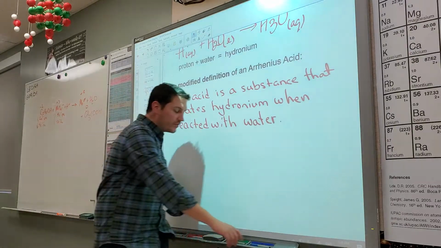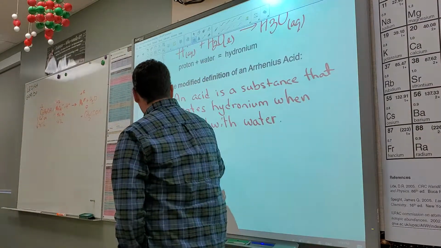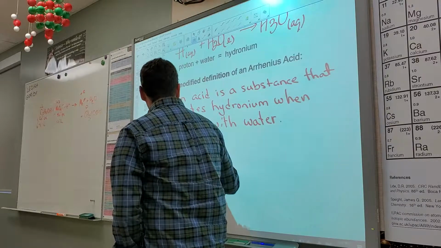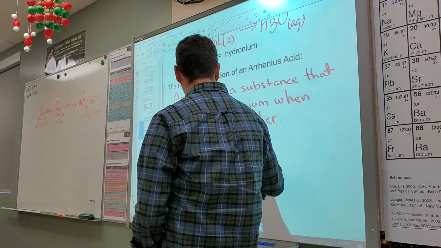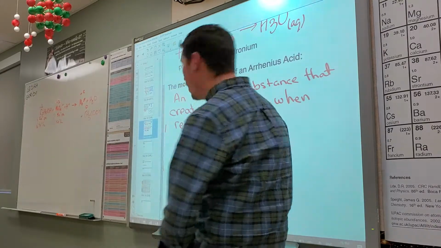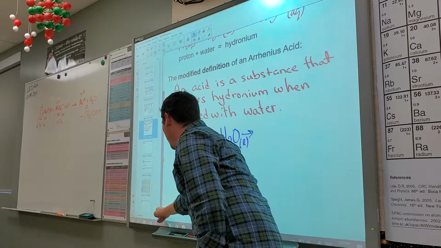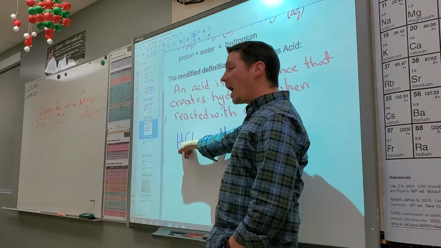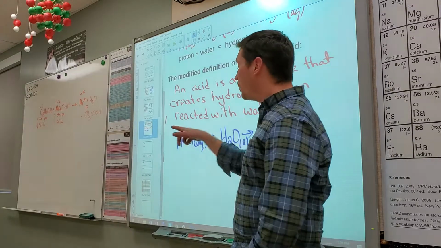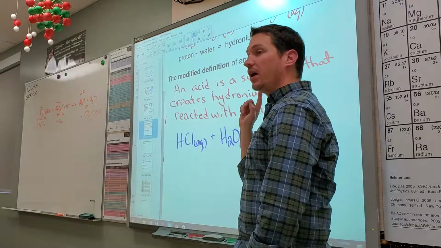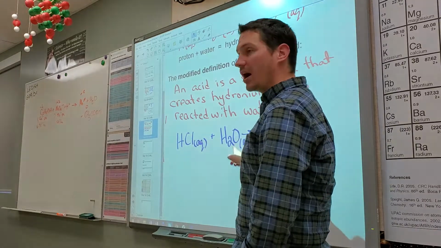So, by way of an example, when you add HCl to water, normally, when we would add HCl to water, the hydrogen would just pop off. Would you agree? But now, when the hydrogen pops off, the hydrogen ion or that proton is immediately attracted by water.